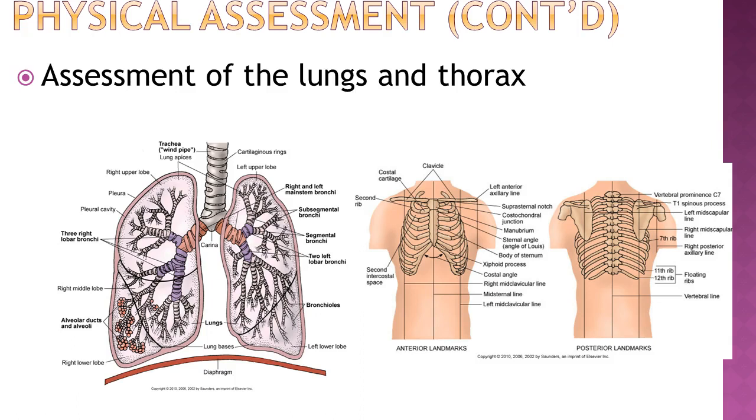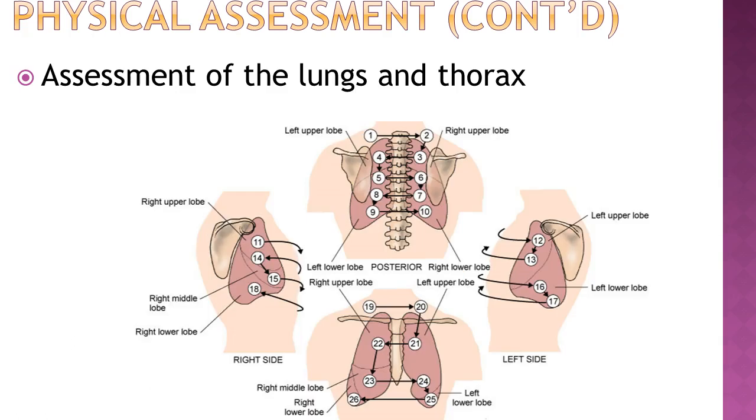The ones that we're probably going to see most, because our patients have been admitted to the hospital or the acute care settings, are the adventitious, which is just a fancy word for abnormal breath sounds.